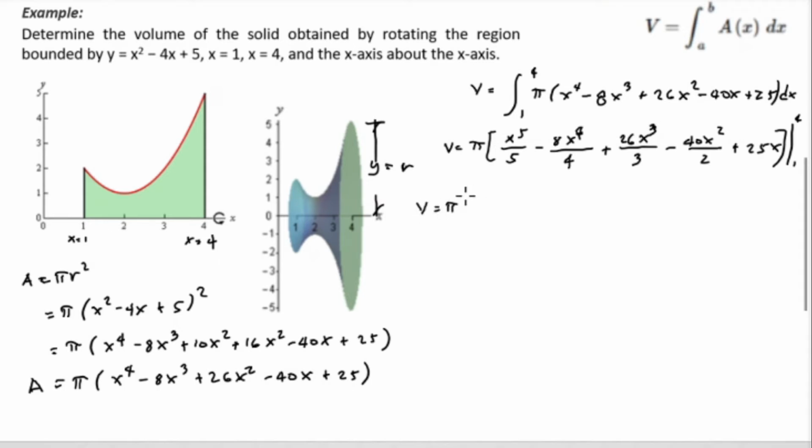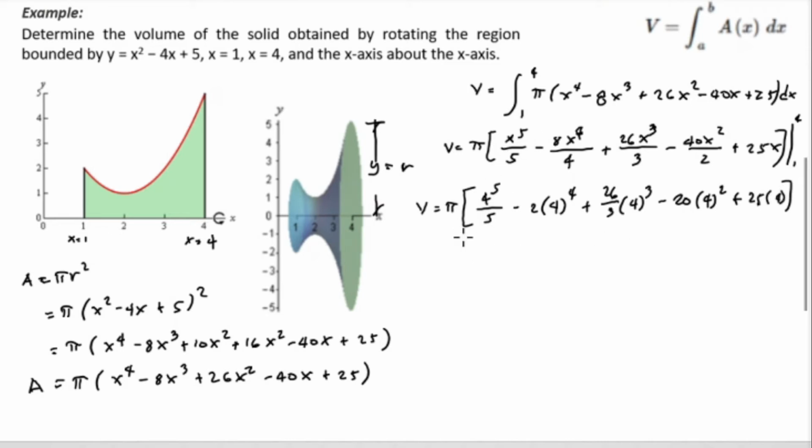So we have pi, and you change the upper limit, which is 4: 4 exponent 5 all over 5 minus 8 over 4, which is 2, so 2 times 4 exponent 4, plus 26 over 3 times 4 cubed, minus 40 over 2, which is equal to 20, times 4 squared, plus 25 times 4, close parenthesis.